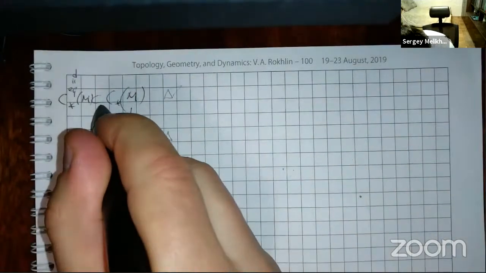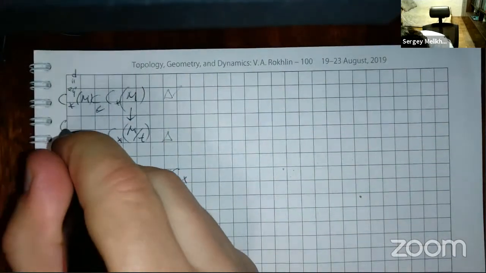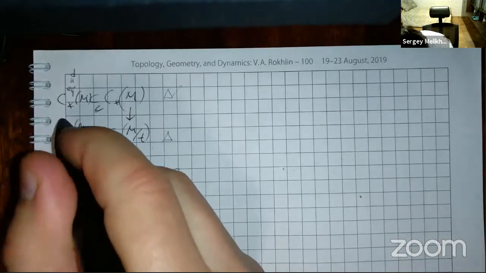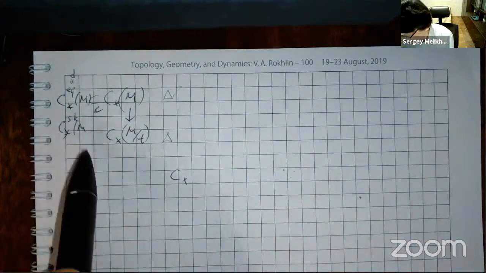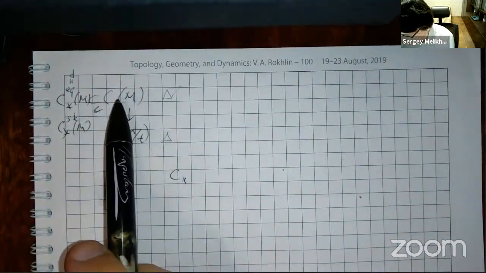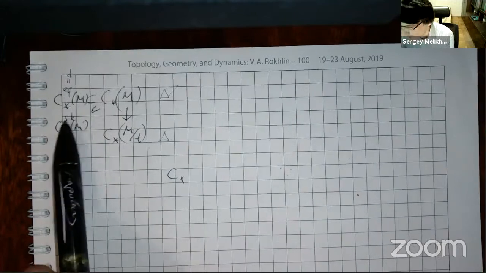There is also another subgroup which is skew equivariant, so that when you take the action of T, it changes the sign.